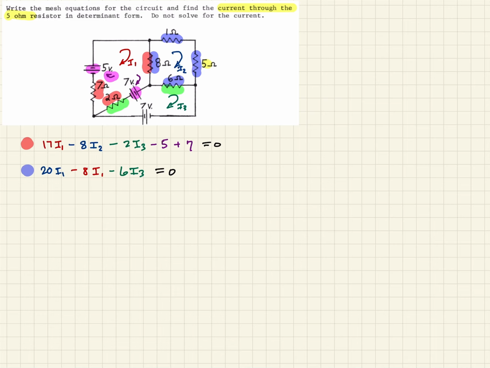Finally, with the third and final mesh, the one affiliated with I3, we already have the 2 resistors in that. They're highlighted green. It's a 6 and a 2. So that's going to be 8 times I3. But we know that the 2 is affiliated with I1 in the opposite direction, and the 6 is affiliated with I2 in the opposite direction.